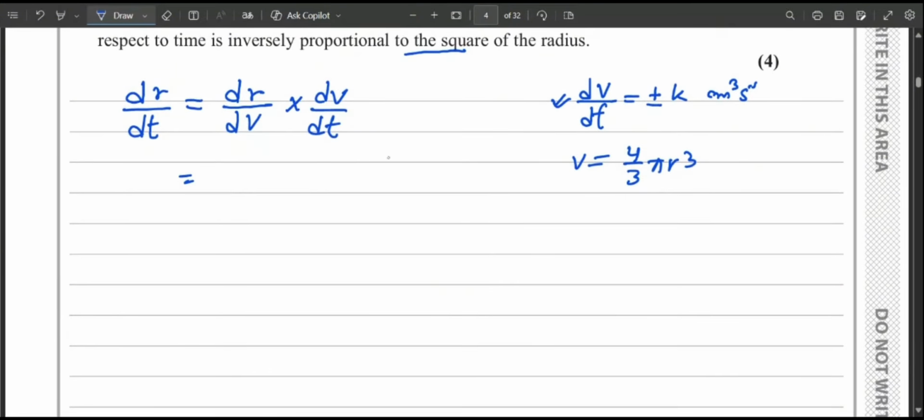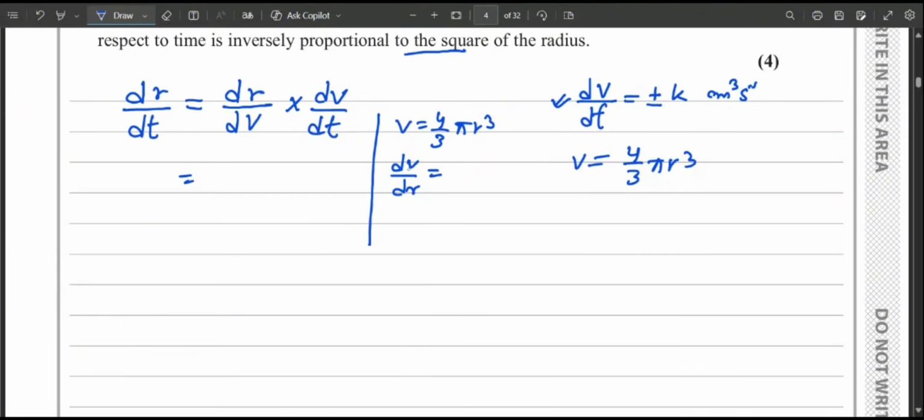So in order to find the value of dr by dv, we have to use this expression. We can see that there is only one equation that links our volume and our radius. So from that equation I can find dv by dr. Again we are finding dv by dr and not dr by dv directly, because v is the subject of this formula. So it is easier to calculate dv by dr instead of dr by dv.